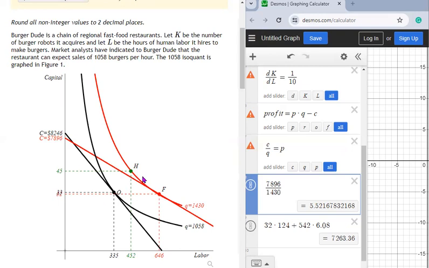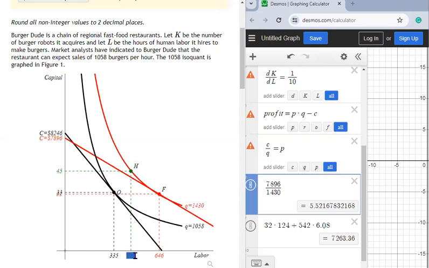If we do that, we're going to need to increase our labor from 335 to 452. So we're going to demand 452 hours of labor if we ignore the change in the wage, and just look at the increase in output.